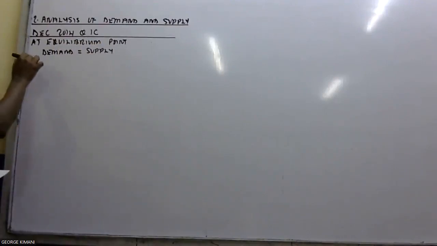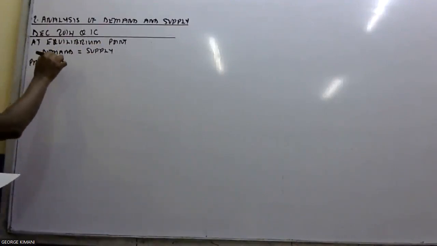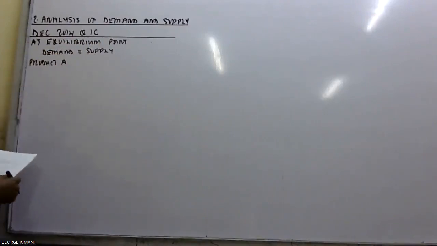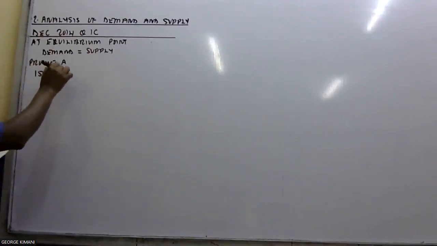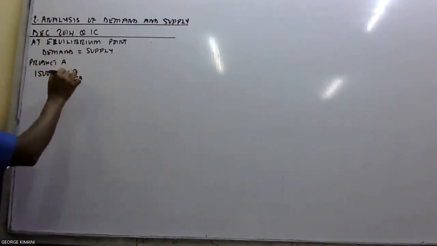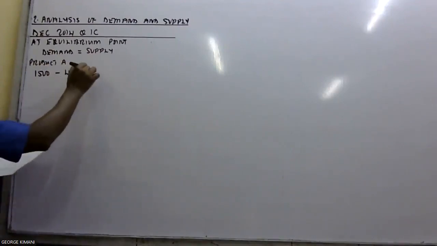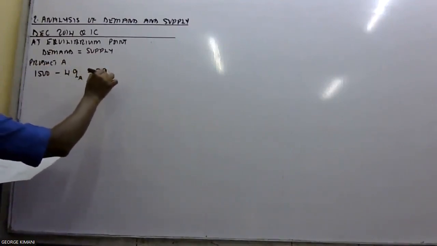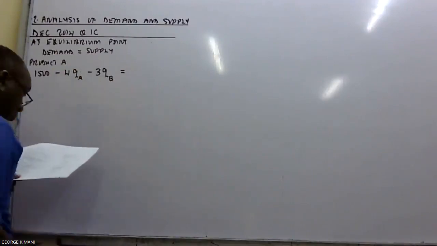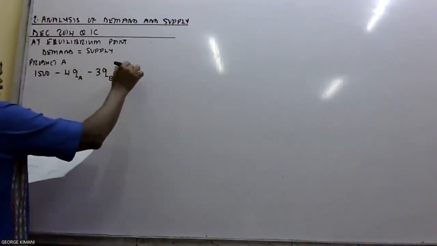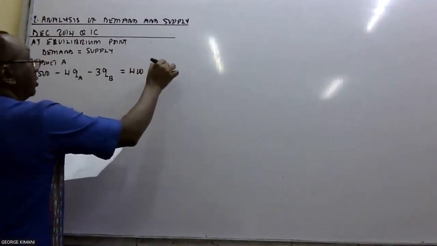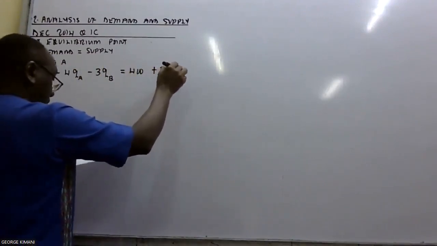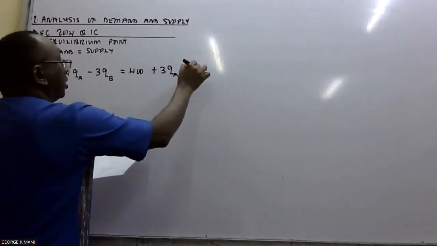Now for product A, we have 1500 minus 4QA minus 3QB should be equal to 400 plus 3QA plus QB.